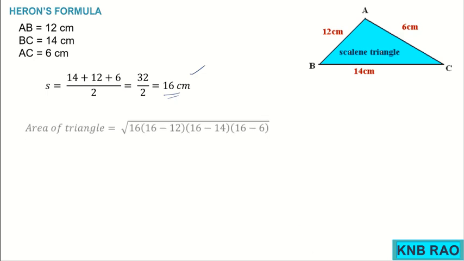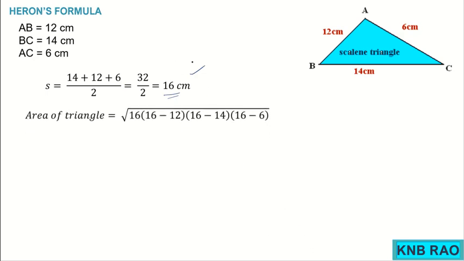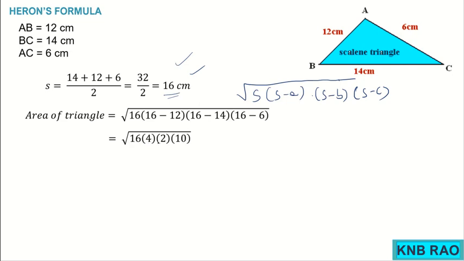Now, the area of a triangle using Heron's formula is root under s into s minus a into s minus b into s minus c, where s is 16 centimeter: 16 into 16 minus 12 into 16 minus 14 into 16 minus 6, which gives us root under 16 into 4 into 2 into 10, and on simplification it gives you root under 1280, that is 35.77 centimeter square, the area of this scalene triangle.